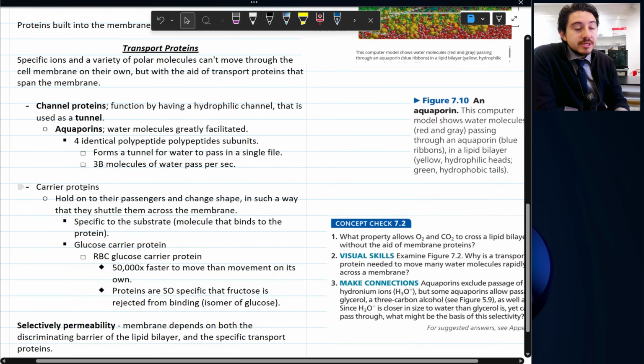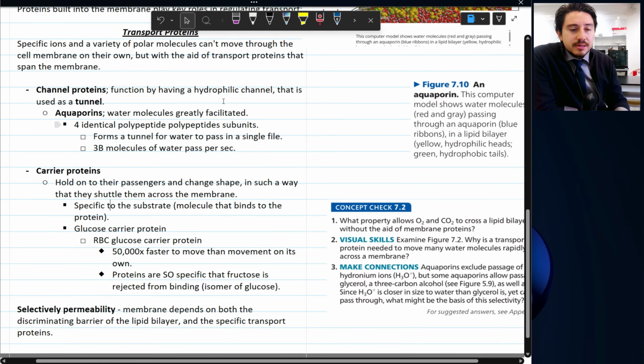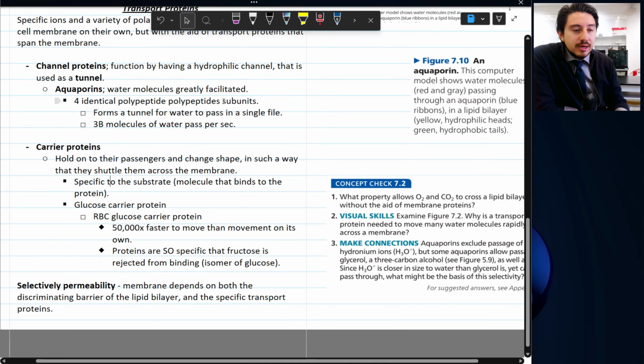And channel proteins, the name tells you, it's like a little tunnel, right? A famous one that you should memorize is aquaporins. So this facilitates water passing through instantaneously, right? Very, very quickly. And here is an example of how aquaporins would look.